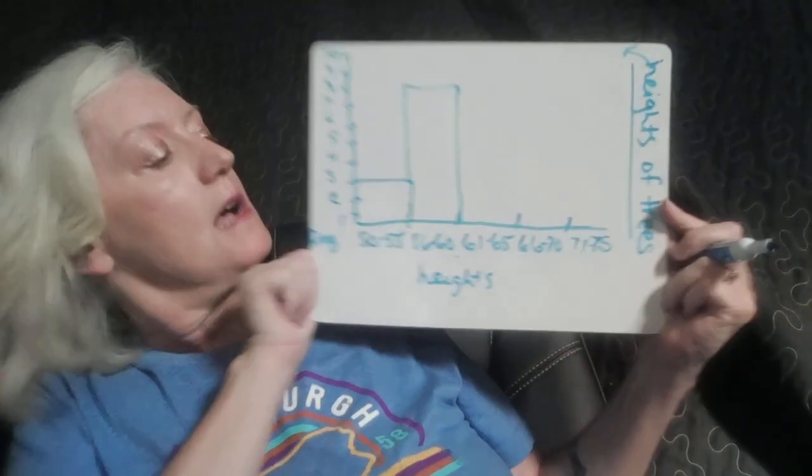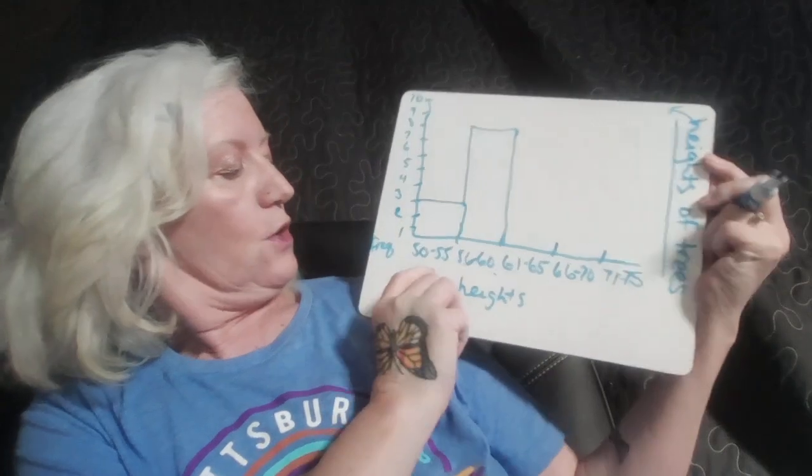Just a second. I made a mistake on this labeling, so I have to redo it and I'll explain it to you. I made a mistake in that I had these overlapping.